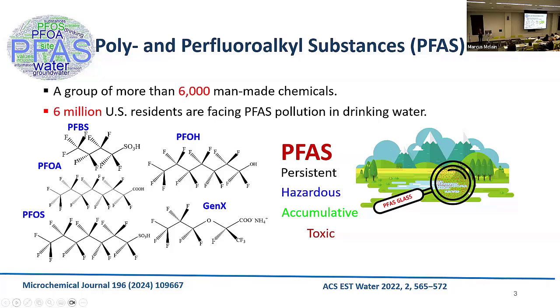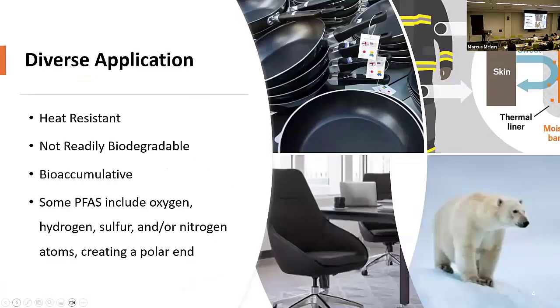You can see some common structures of PFAS compounds, and all of them have a CF bond. It's a strong bond that makes them persistent, and they can accumulate in the environment, enter our food chain, and accumulate in wildlife and the human body, and they are dangerous and toxic.